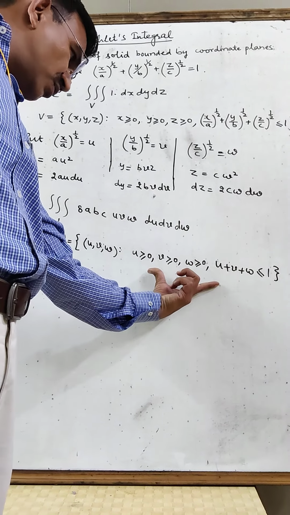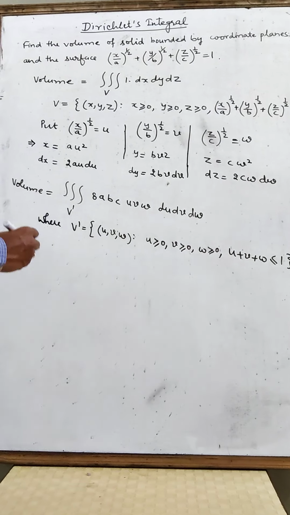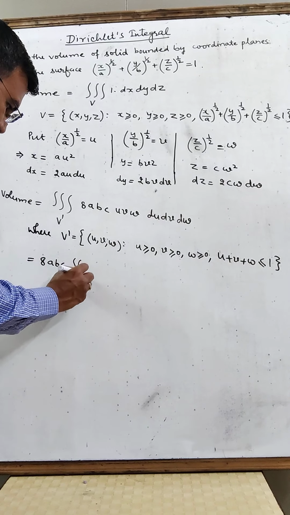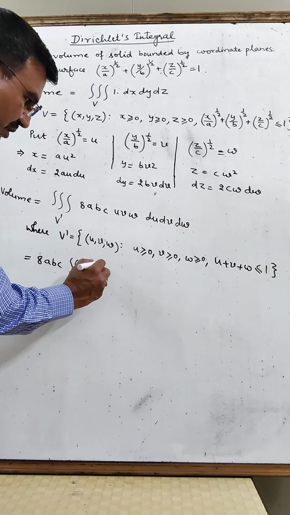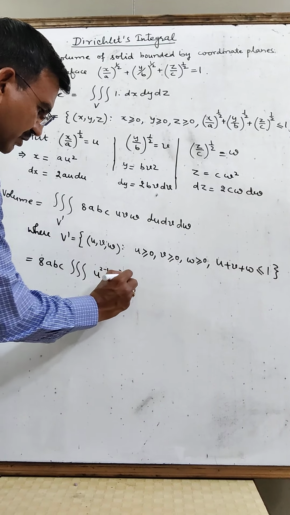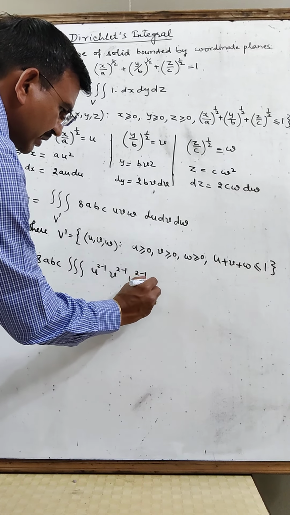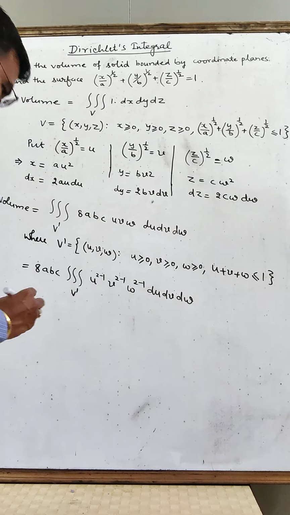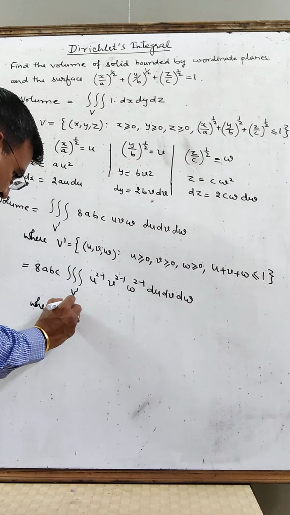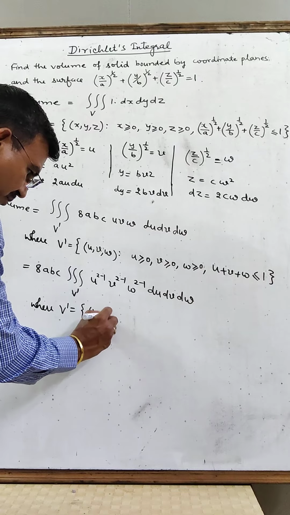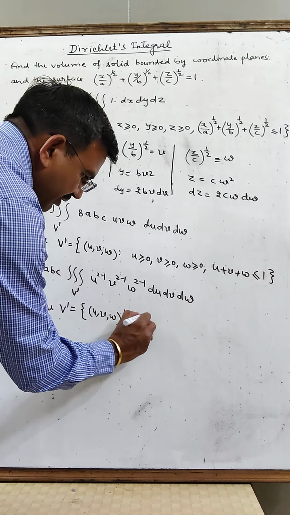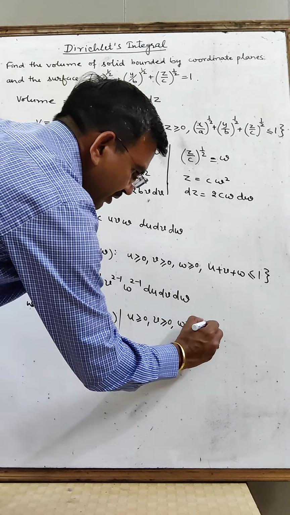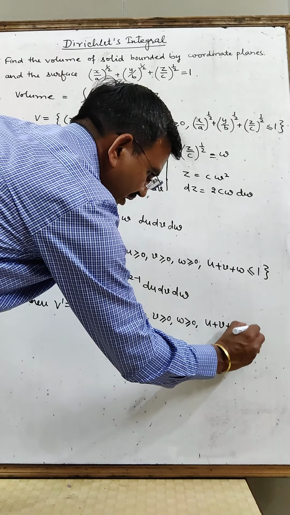Now it is in the form of the Dirichlet integral. So it is 8abc times the triple integral of u^(2-1) v^(2-1) w^(2-1) du dv dw over the volume V dash, where V dash is the set of (u, v, w) with u ≥ 0, v ≥ 0, w ≥ 0, u + v + w ≤ 1.